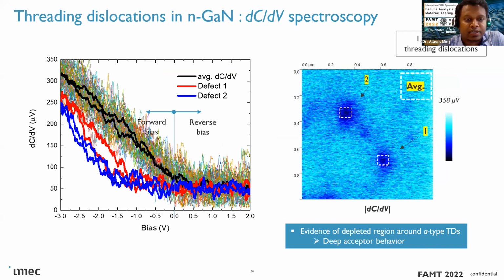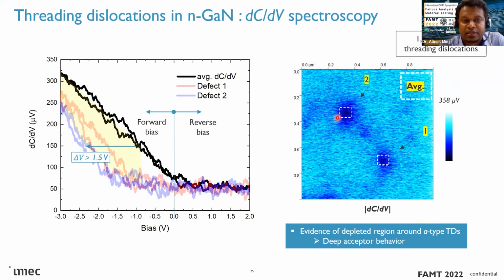First, we obtained some curves on an area where there were no threading dislocations. That is a dislocation-free area, and the black curve represents it. Then we took several curves on the two A-type threading dislocations, and we see a shift in the DCDV curve, which we measured to be more than 1.5 volt. This is again a qualitative proof of deep acceptors because of this high shift.